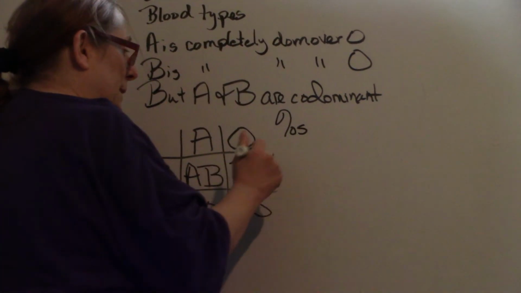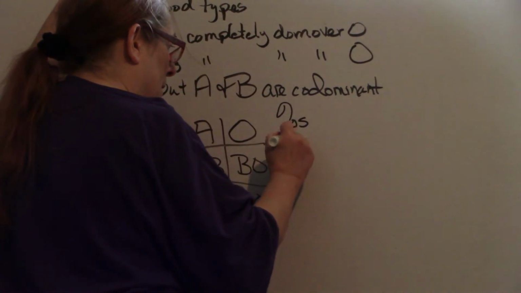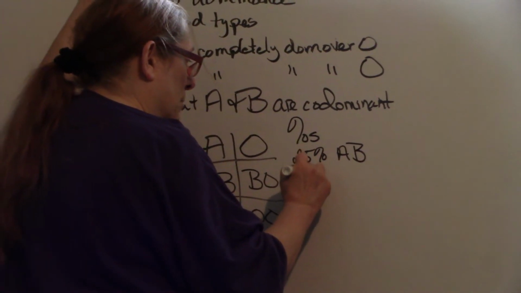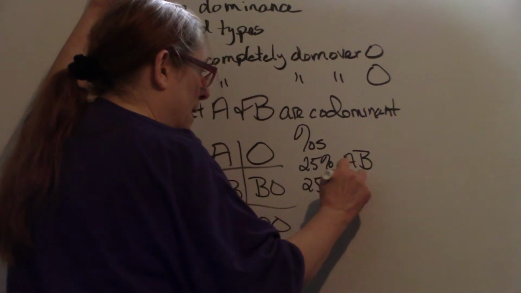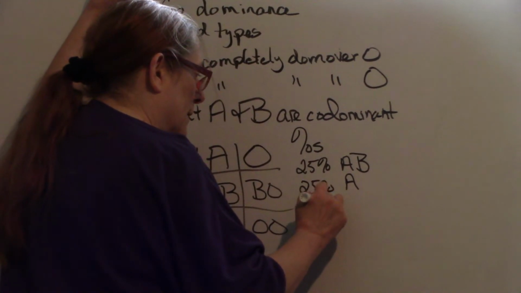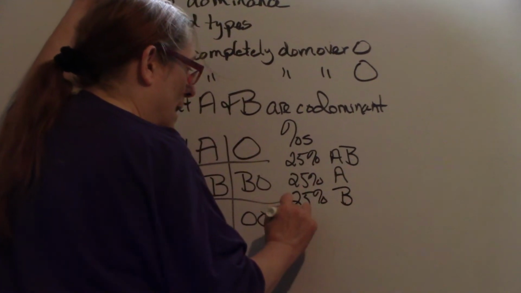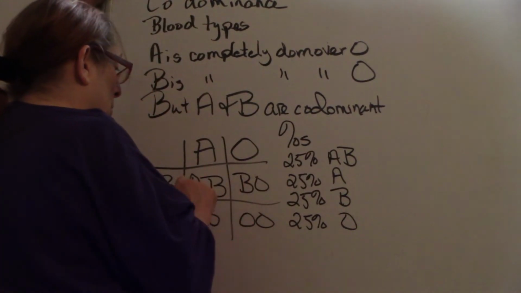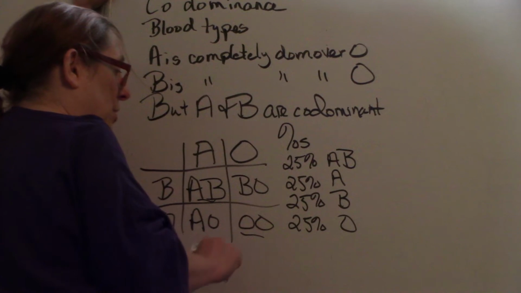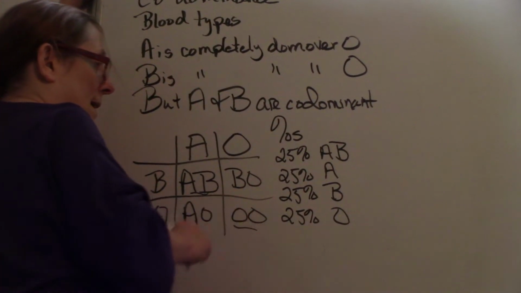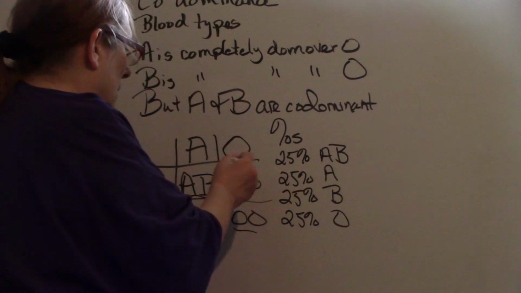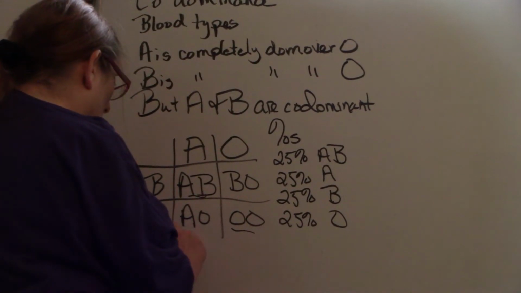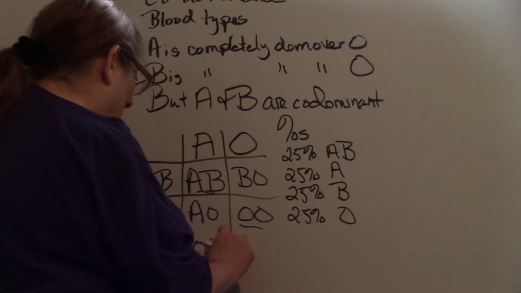The probability is 25% type AB, 25% type A, 25% type B, and 25% type O. The two that you can know the genotypes are the AB and the O. The A's and the B's, your A's could be AO or AA.